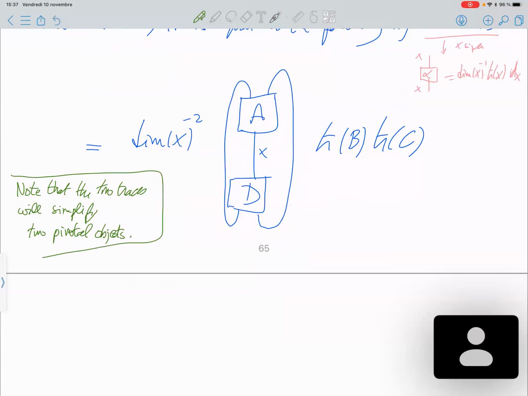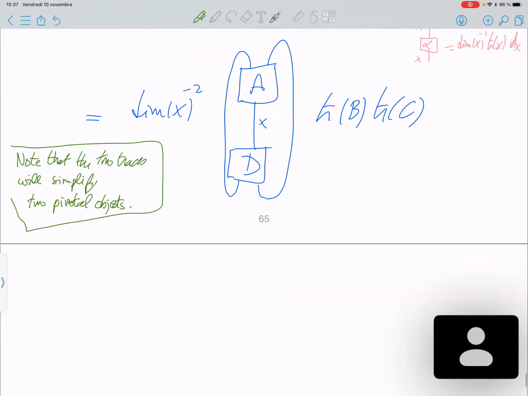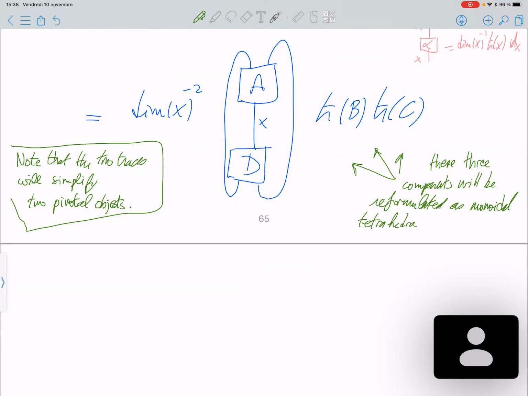So 1 point and the other point here, so these 3 components will be reformulated as monoidal tetrahedra, for the plural, of our right-hand side.